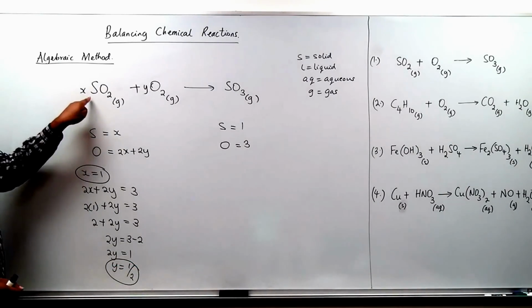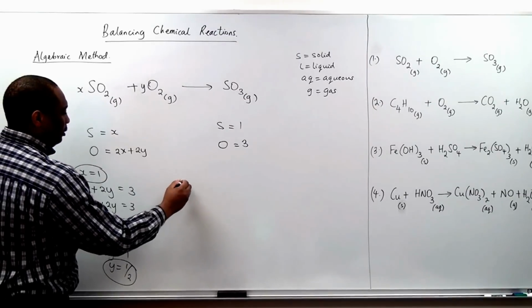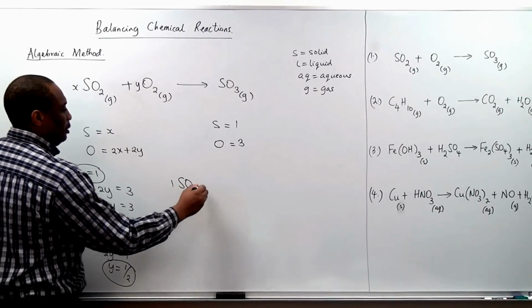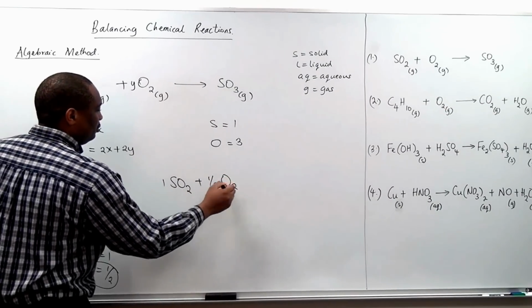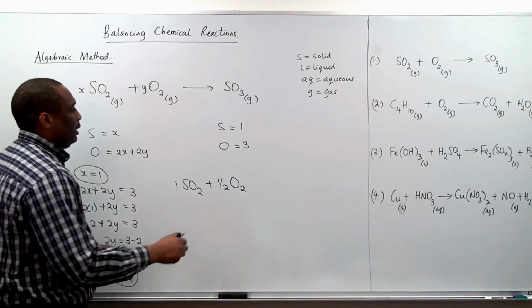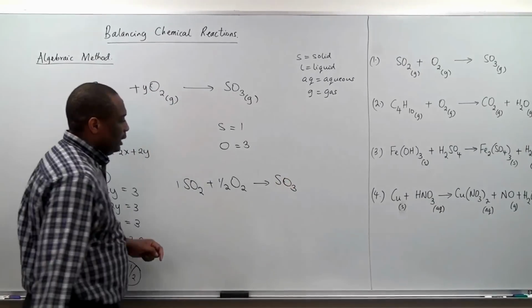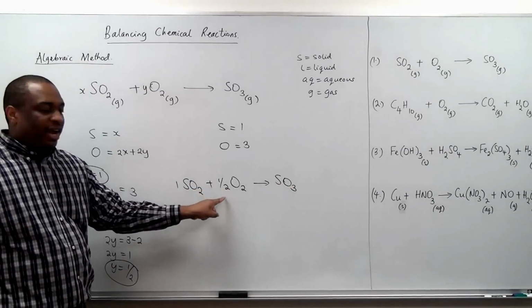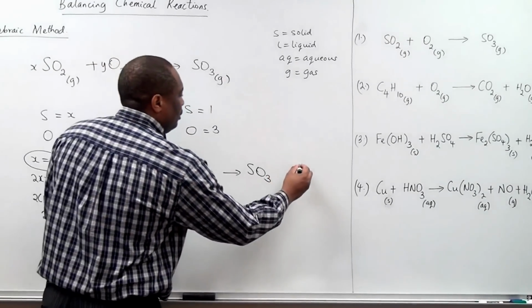So we just plug it in here. We now have 1 SO2 plus 1/2 O2 to give SO3. Now, because we have a fraction 1/2, the LCD is 2.